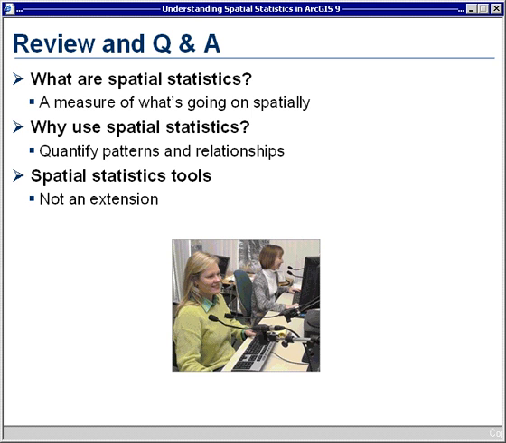The tools in the Spatial Statistics toolbox that we're showing you today, I think we could say that they would fall into a category that we might call pattern analysis methods. In the academic literature, these methods are usually referred to as point pattern analysis, but all of the tools, with just one or two exceptions, work just fine with points, lines, or polygon features, so it's really more appropriate to call them pattern analysis tools.